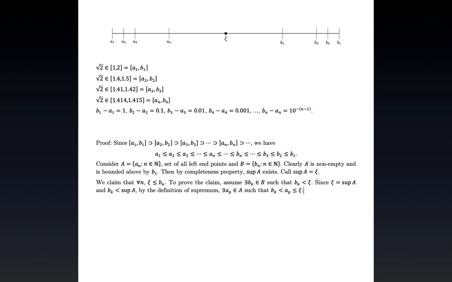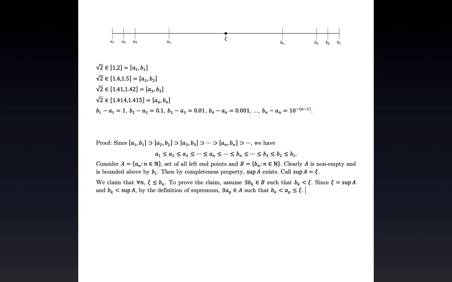So somewhere here we have BK, and here somewhere you have AP.